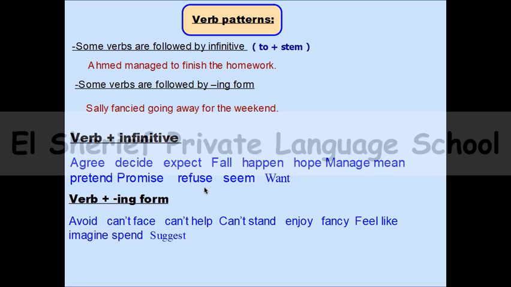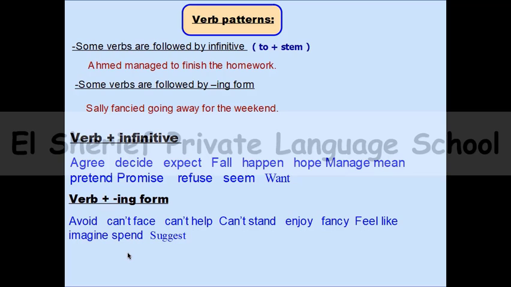Okay, we know that there are too many verbs to keep in mind. But by the way, you can remember them while practicing. So when you answer a lot of questions, you will find yourself amazing in that part. You will find that you remember a lot of verbs which are followed by infinitive or ing. And here are some examples of verbs that are followed by ing.